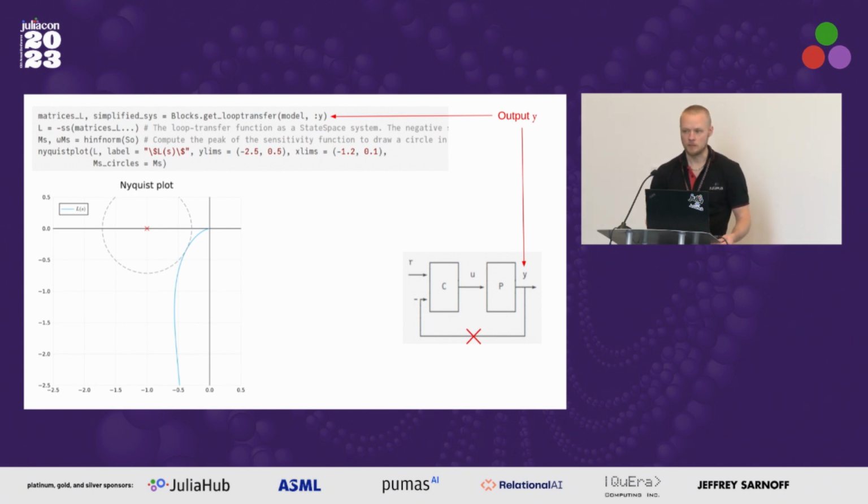And the reason we want to be far away is because this curve is associated with our model, and the model is wrong, so we don't actually know where the true curve is. And if we have actually linearized our system, a nonlinear system, we know for sure that it's wrong because the actual system is not linear. So this gives you a very convenient interface between the nonlinear world of ModelingToolkit and the linear world that control systems engineers often perform their analysis in.